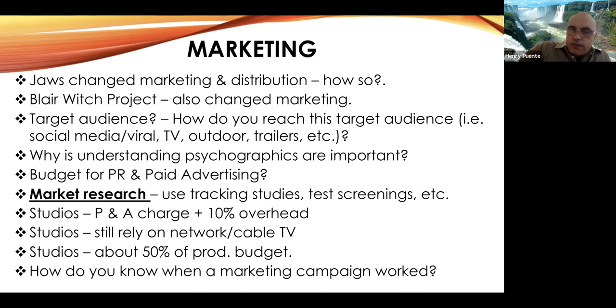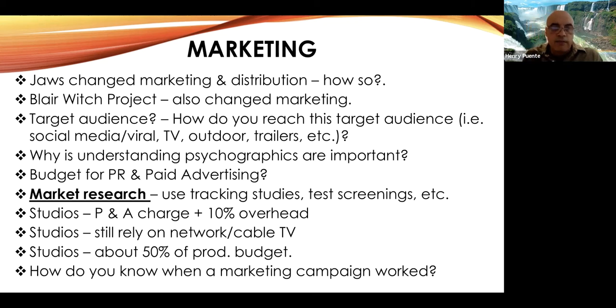Plus, if the producer decided to go with the studio, in other words, they didn't hire a third party to market the movie, they decided to let the studio market the movie, the studio is going to charge you a 10% overhead. So let's just say that you spent $100 million on P&A, and there's going to be a 10% overhead charge on top of that $100 million. So if the studio did your marketing, it's 100 million plus 10%, which means 110 million.